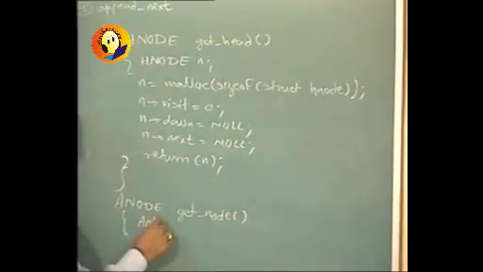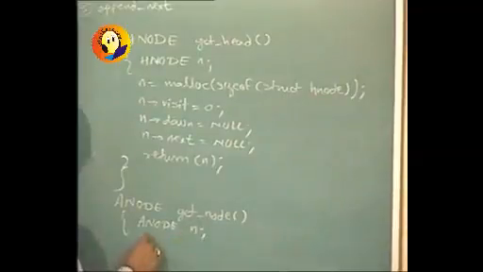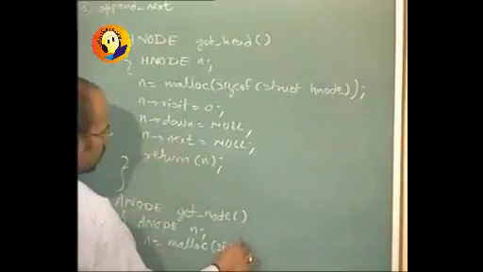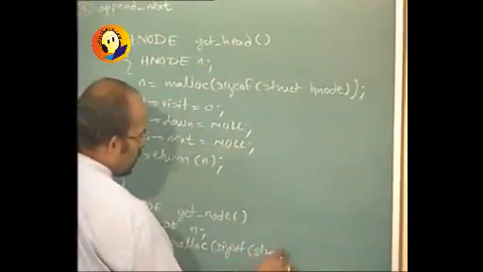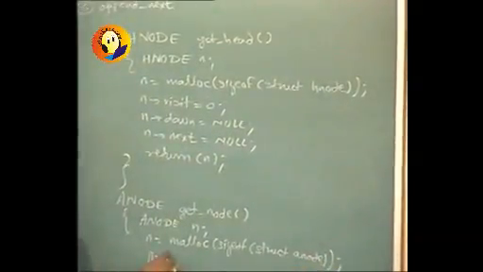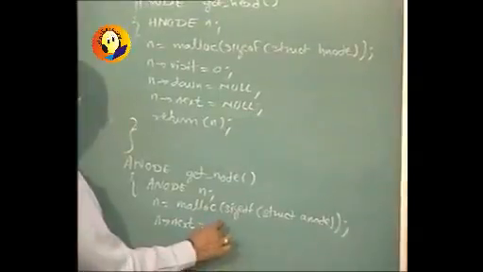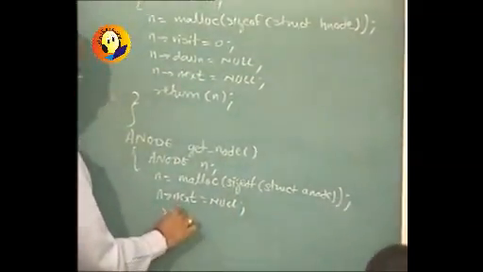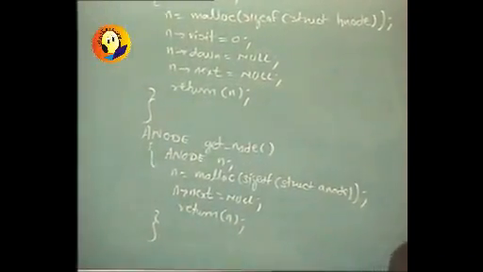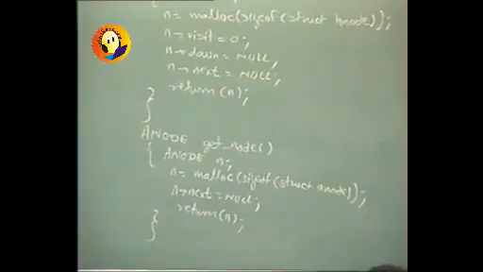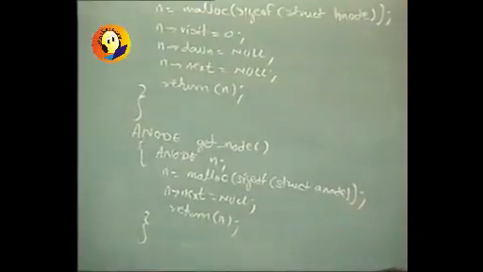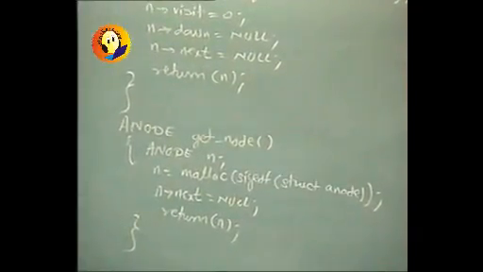It will be anode type n equal to malloc sizeof struct anode, n arrow next equal to null, return n. Actually I shouldn't have written these functions, you can very well write them.